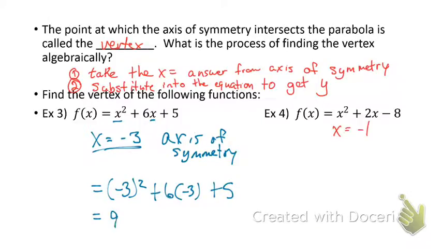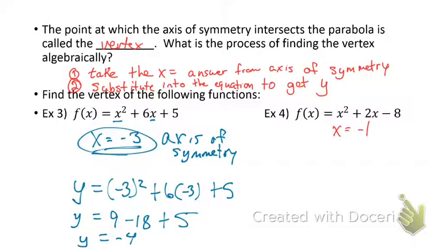Negative 3 squared would be 9, 6 times negative 3 would be minus 18, and then we have plus 5. We continue to work that out, and we would get negative 4. So what that's going to tell us is this is our y value. X equals negative 3 was our x value. So our ordered pair answer for the vertex would be negative 3, negative 4.